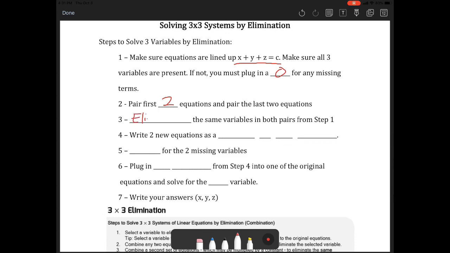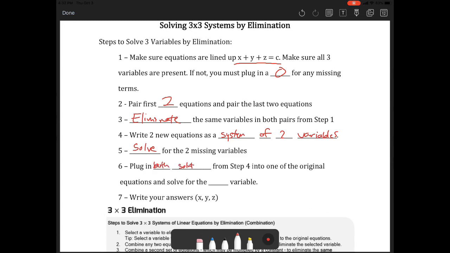So then we're going to eliminate. We're going to eliminate the same variable in both pairs from step 1. Then we're going to write a new equation as a system of two variables. Once we've done that, we're going to solve for the two missing variables.